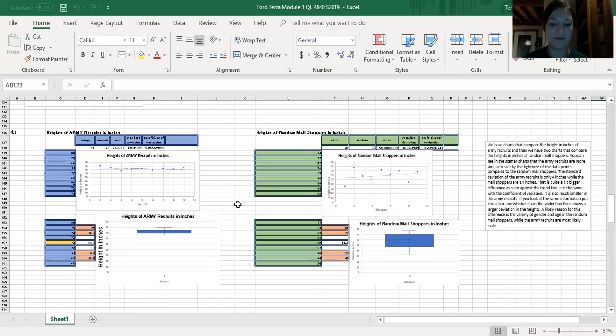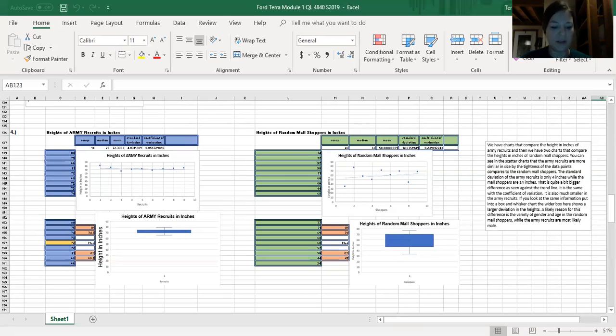It is the same with the coefficient of variation. It is also much smaller in the Army recruits. This coefficient is a smaller number than the mall shoppers.